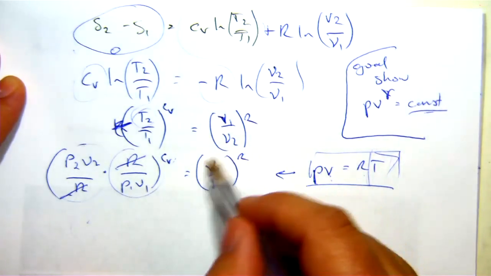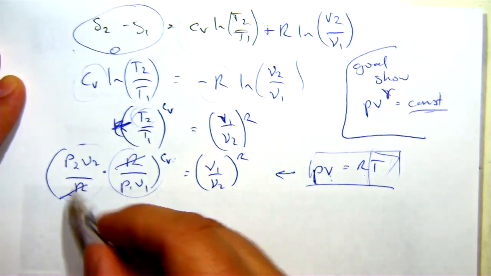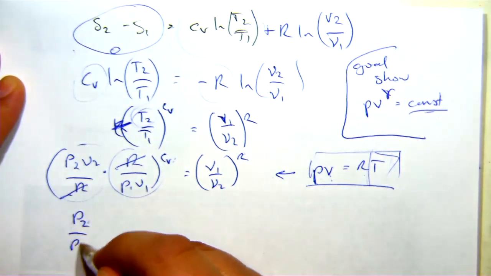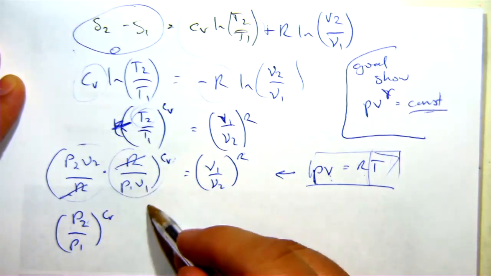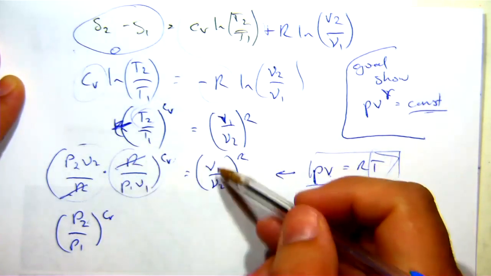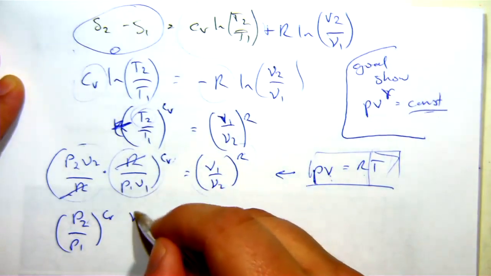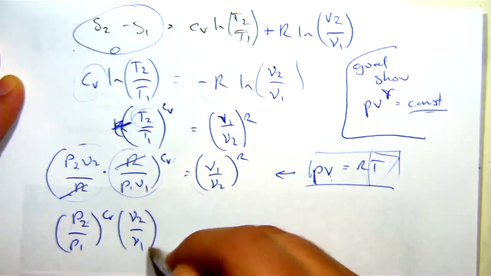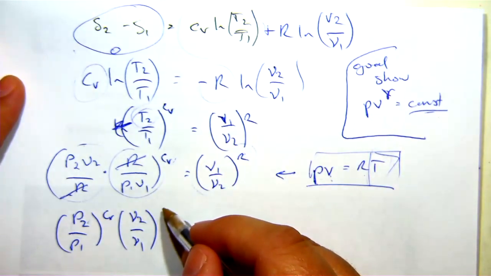So if I divide through by this, on this side I've got P2 on P1 to the CV, that's okay. And then my V2 on V1, if I bring this guy over here, it becomes V2 on V1. And what I've got is CV on R. Sorry, I've got to be careful with that.